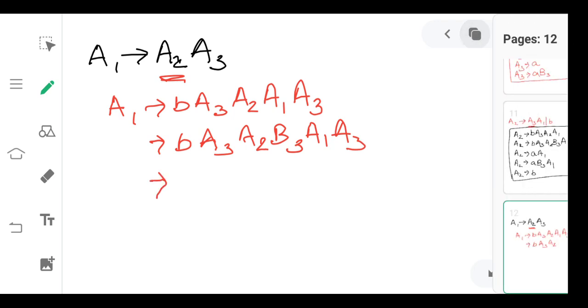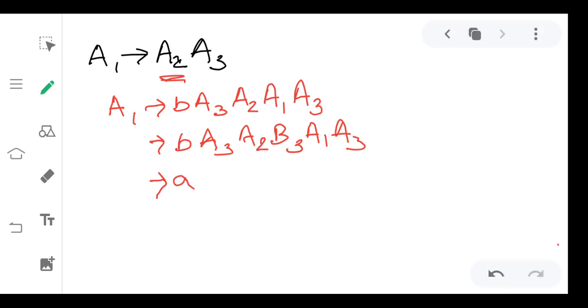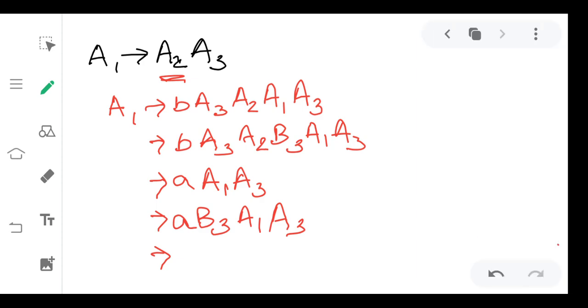A1 produces A1, A3, and A, B3, A1, A3. And one more production for A2, which is A2 produces small b. So we have B A3.